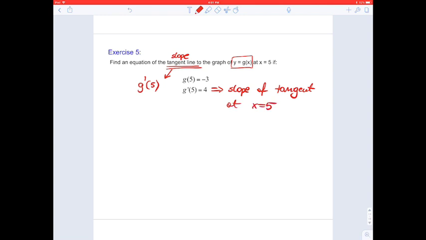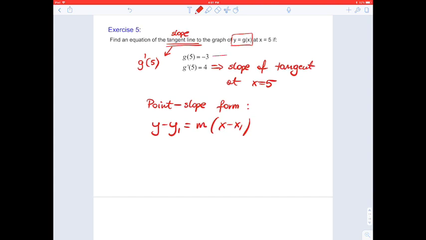That means I can write the point slope form of the line. Point slope form, which is y minus y1 equals slope times x minus x1. And from this one, I can see that the value for 5 is negative 3. That means that's my point. Y minus negative 3, and slope is simply the derivative at 5, times x minus 5, because everything is happening at 5.